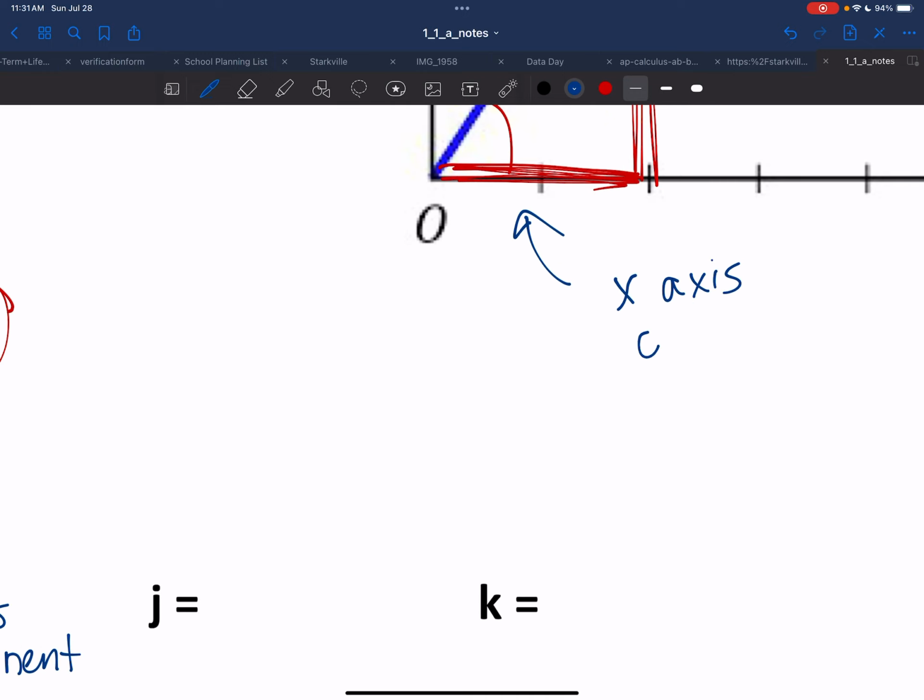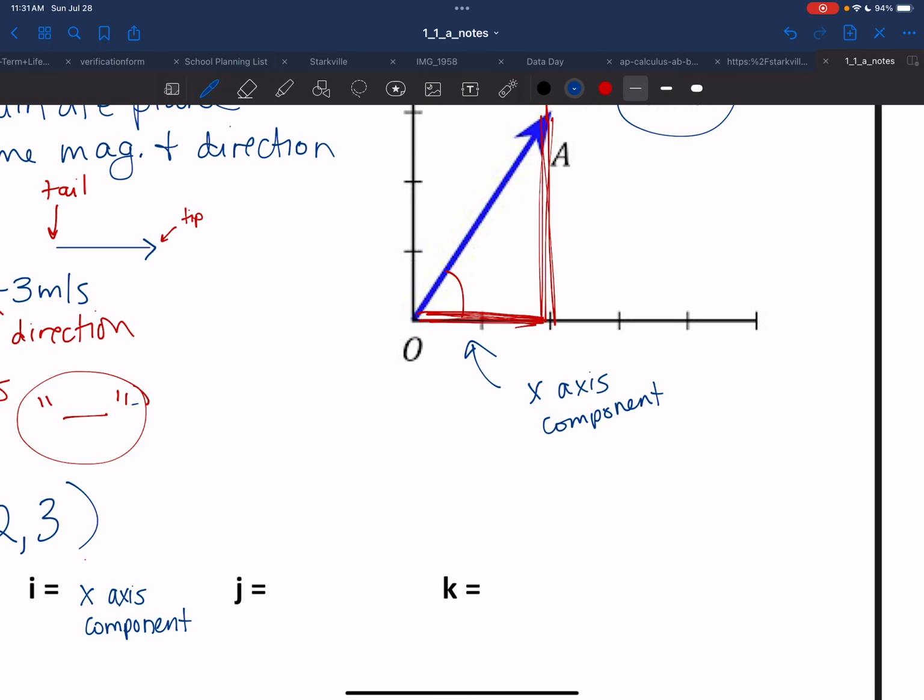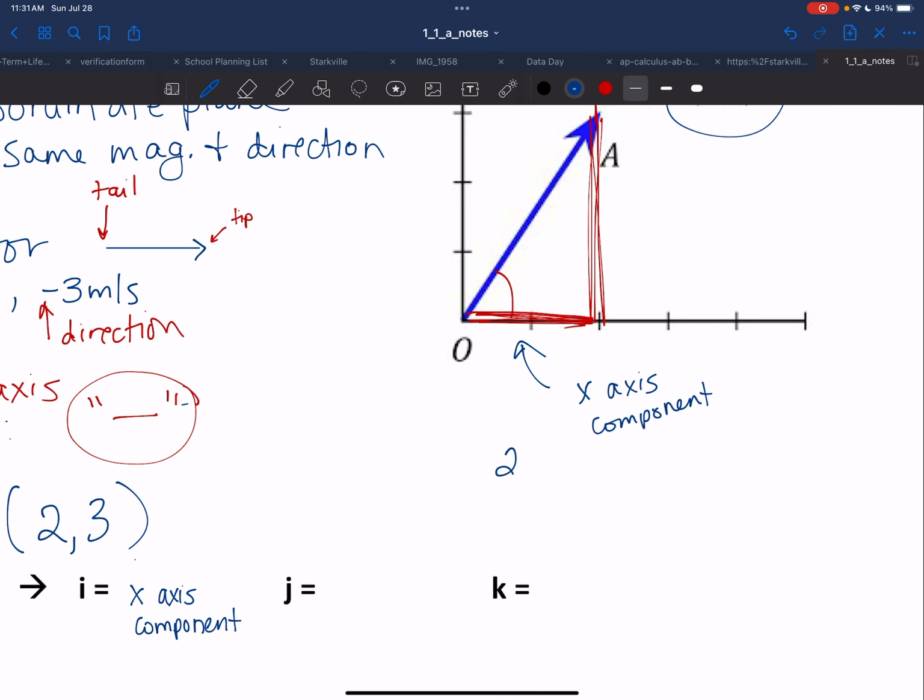Axis component. So in this way, I would say 2i. Get the i a little bit better. There we go. Okay, so that would be 2i. And then j is going to be my y-axis component.